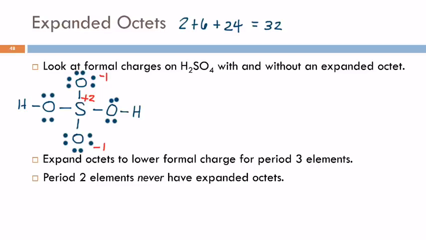Okay, so let's look at that. How could we reduce the formal charge on sulfur? The problem is it should have 6 electrons that belong to it in the breakup, and it only has 4. We could take the octet from this oxygen, not the octet, a lone pair, and share it here.